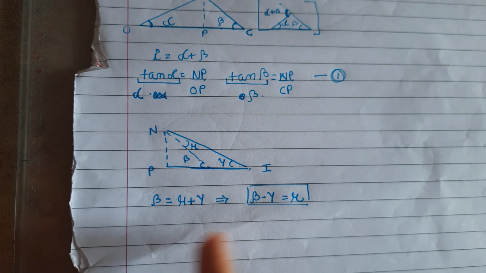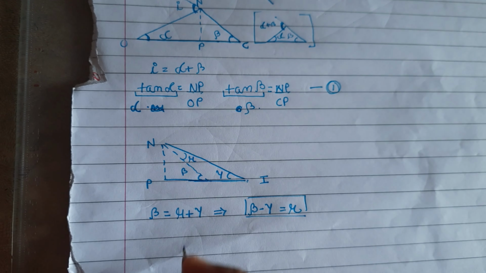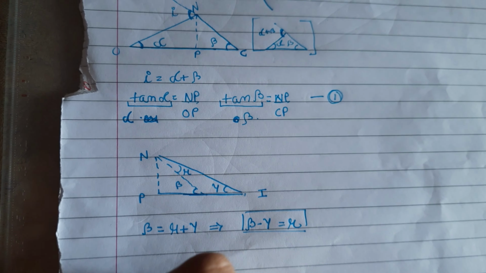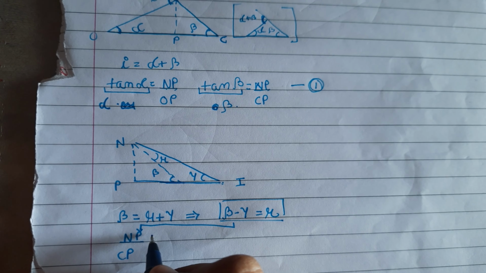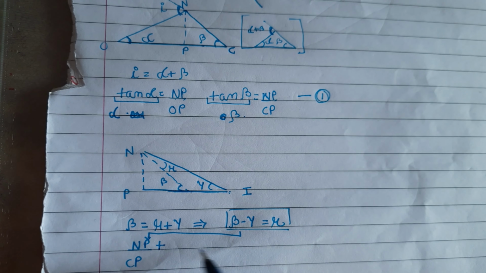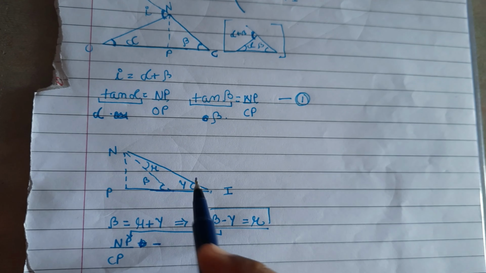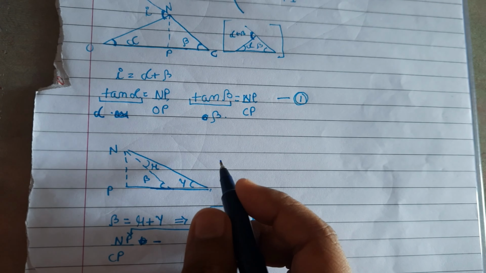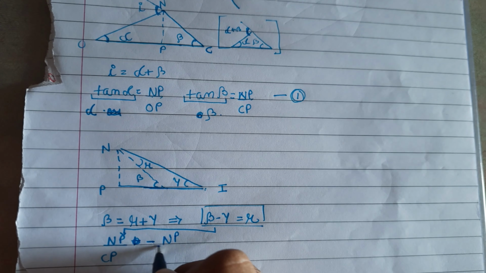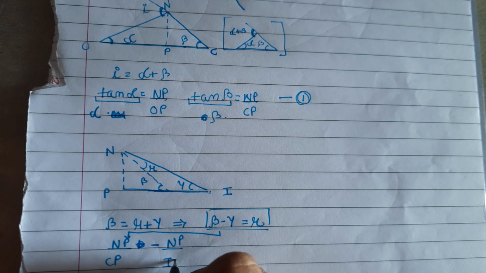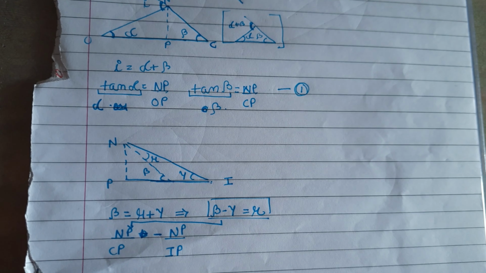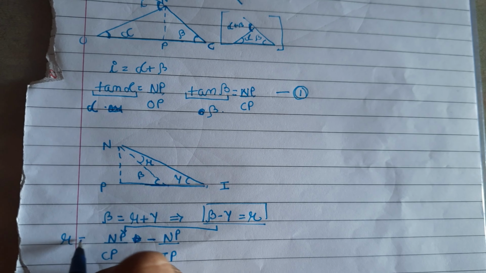Now what's beta here? Beta means NP upon CP, minus, what is gamma? Gamma is NP upon IP, correct? Equals r, equals this.